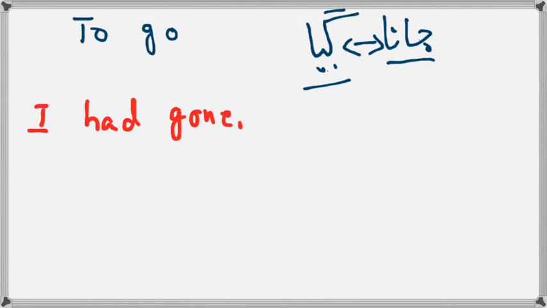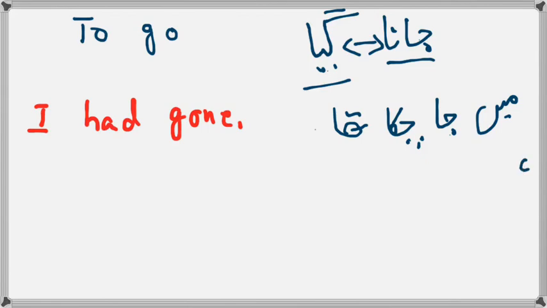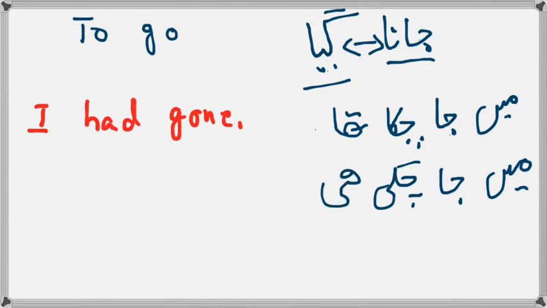Now we can write this sentence in two ways. One is मैं जा चुका था, and for female मैं जा चुकी थी.